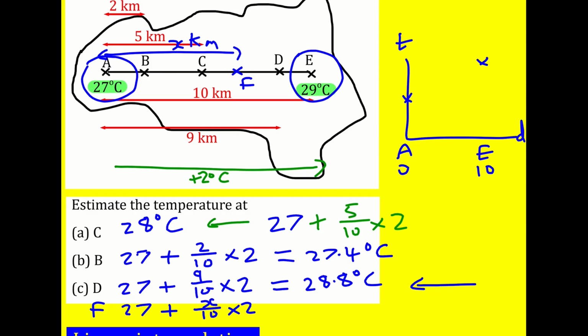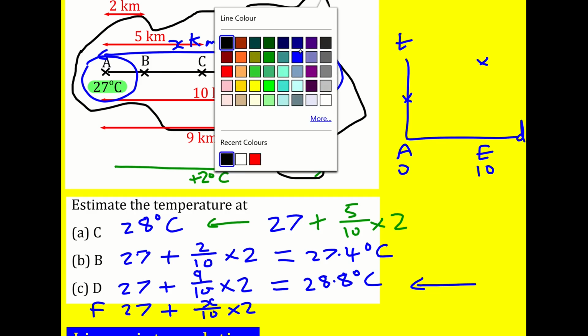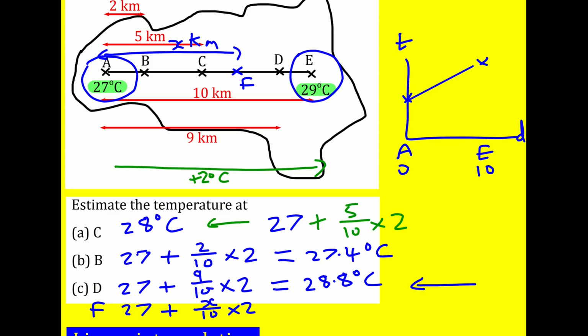And what I've actually done is essentially fit a straight line to this data. I've assumed that there is a linear increase going from A to E, and then I've worked out the fraction that I've gone along the line. So in the case of D, it would be here, and I've worked out what I expect the temperature to be. If I'm going 9 along, I can calculate that this is going to be 28.8.